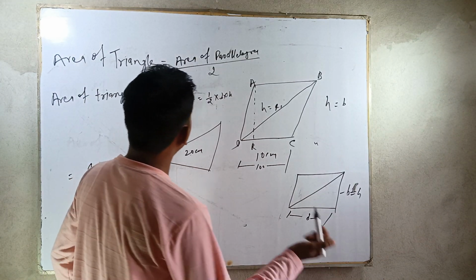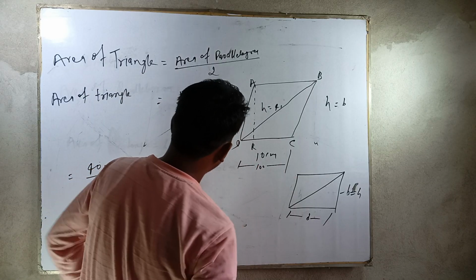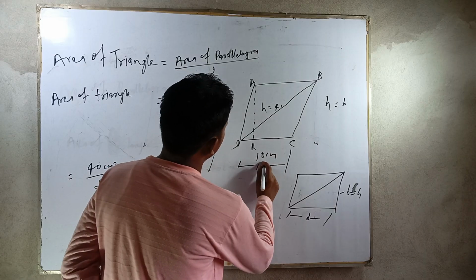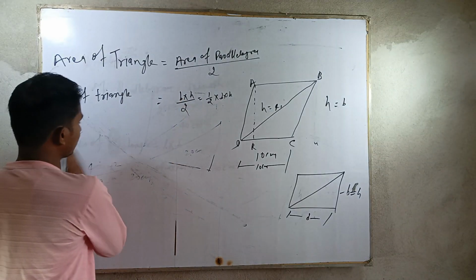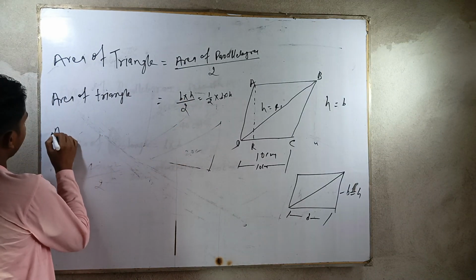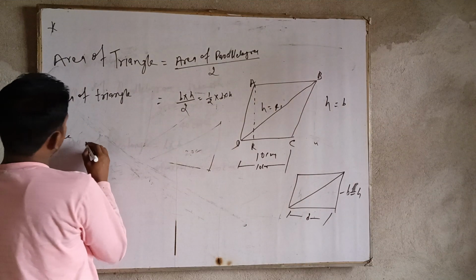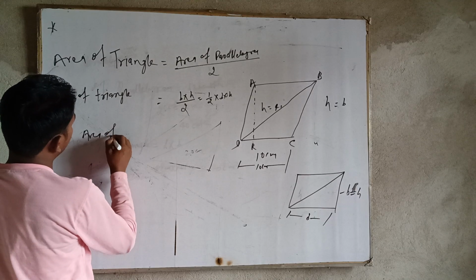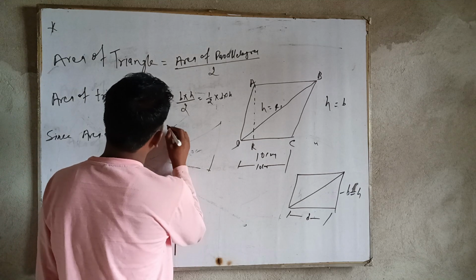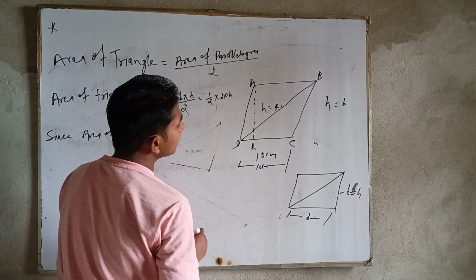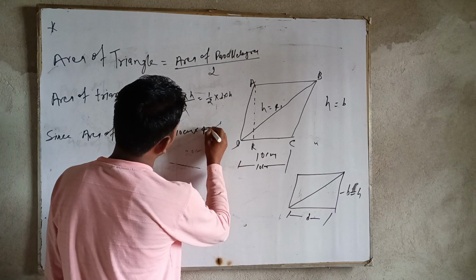Same, if I am given base equal to 10 centimeter and height equal to 4 centimeter, and I replace the values, area of triangle equal to 1 by 2 into base 10 centimeter and its height 4 centimeter.